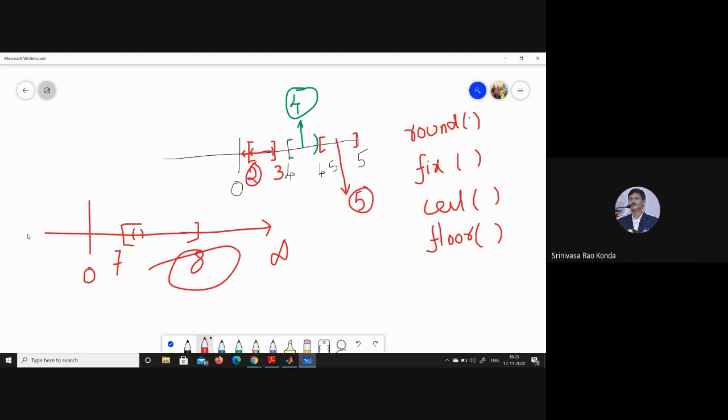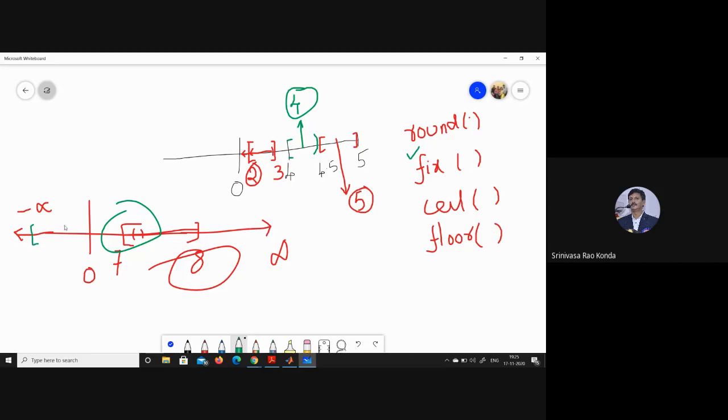If the value is in between 7 and 8, it will give 7, exactly the same as fix. Towards minus infinity is the same as towards 0 if x is positive.